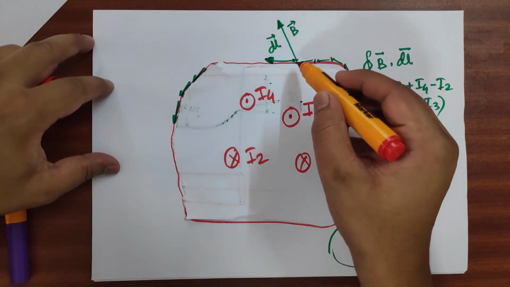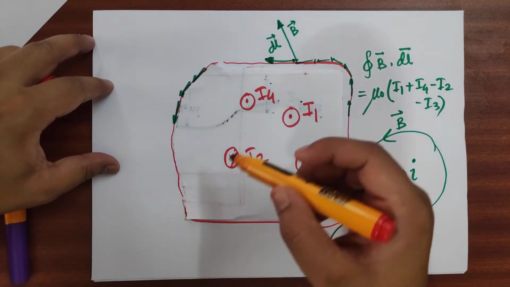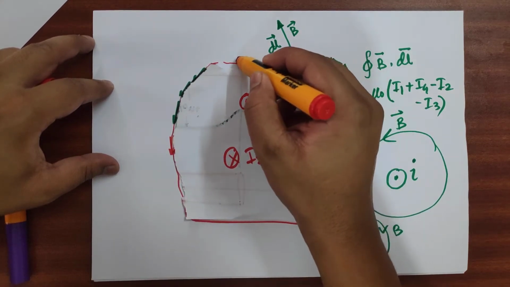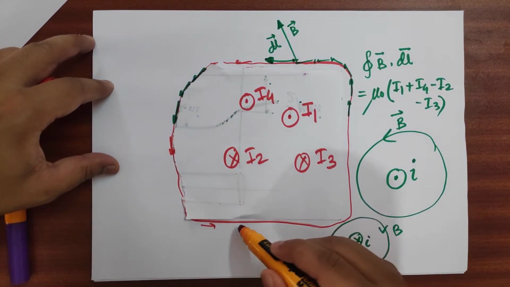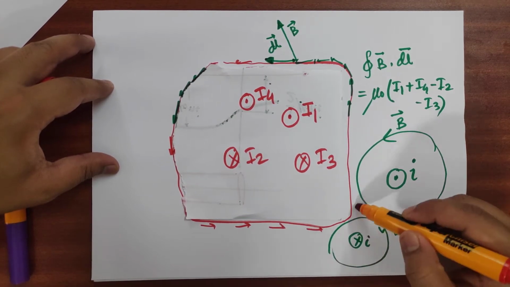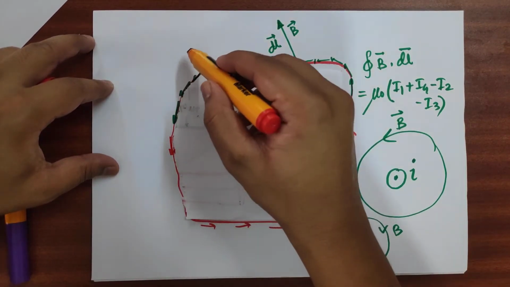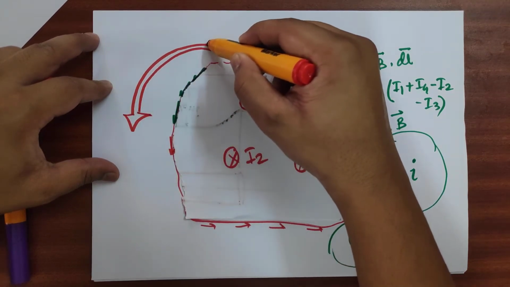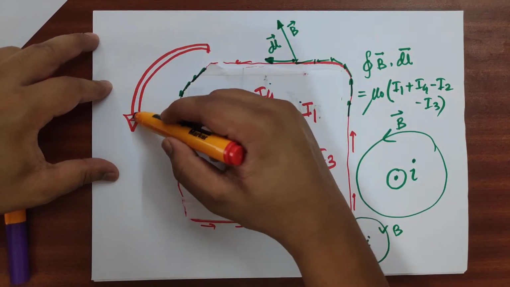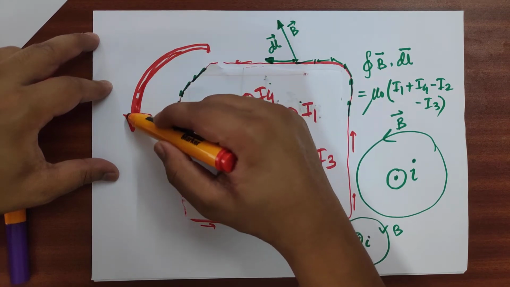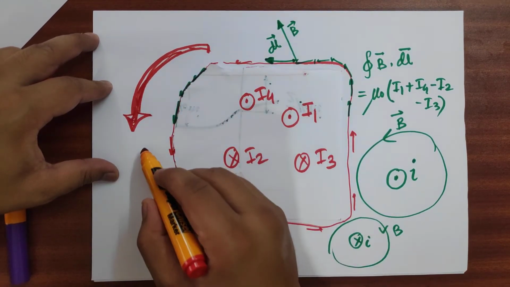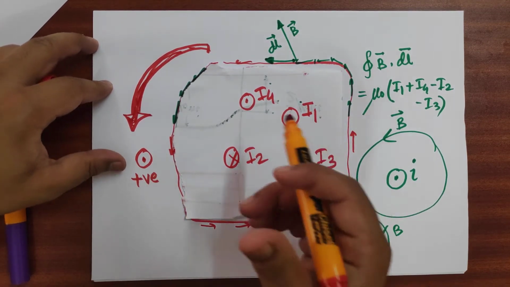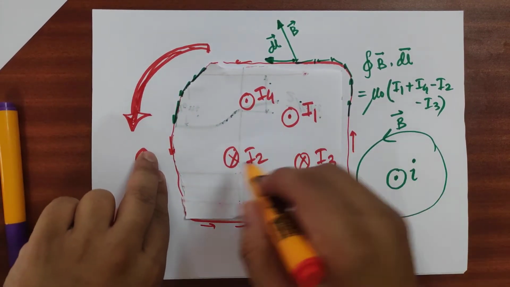I would like to add dl1, dl2, dl3, dl4 like this, so that circulation I would like to perform in the anti-clockwise direction. So this current you have to take positive, flowing out of the plane through this closed region.